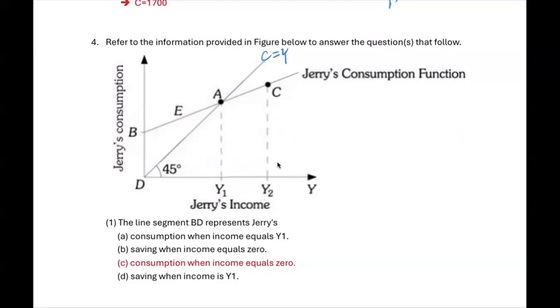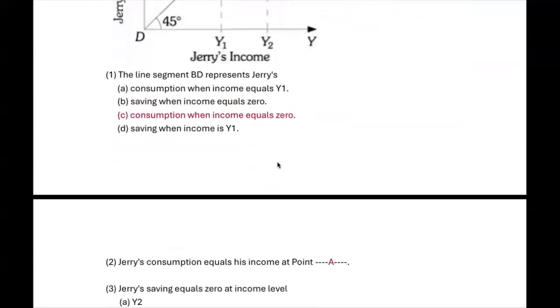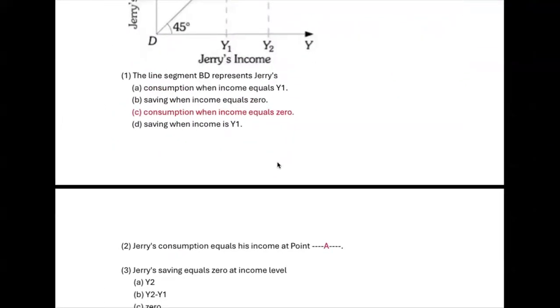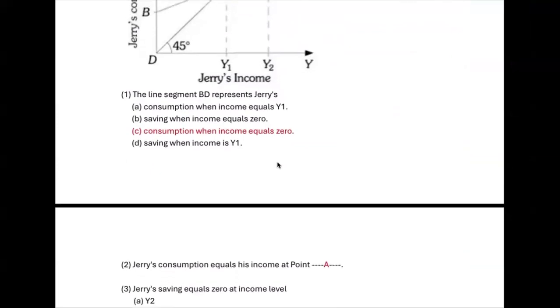Firstly, the line segment BD represents what? BD, we already know, is when income equals zero, Jerry also needs to consume, right? So the answer is C. And Jerry's consumption equals income at which point?